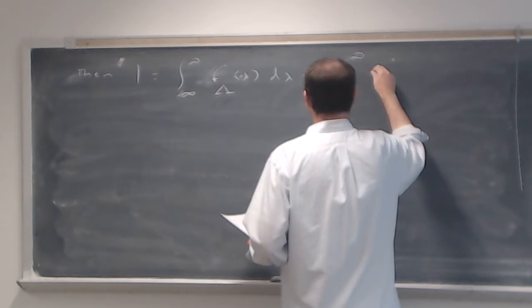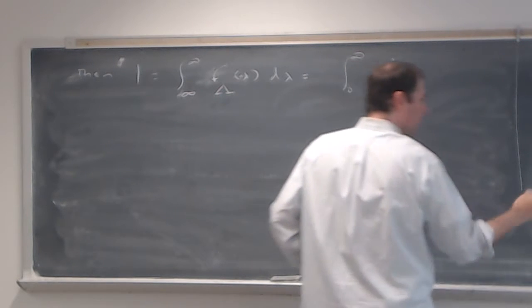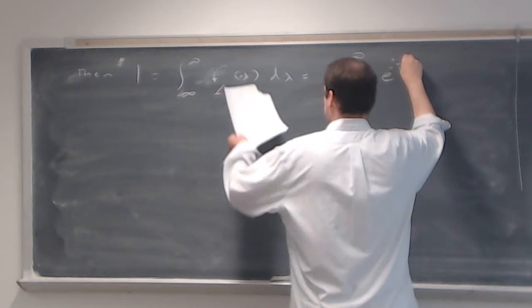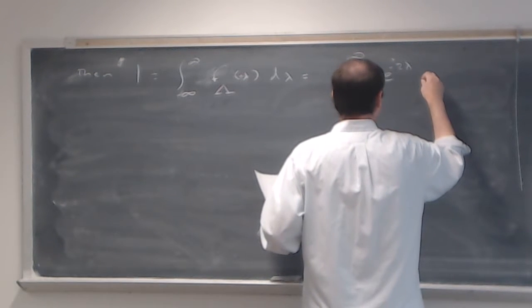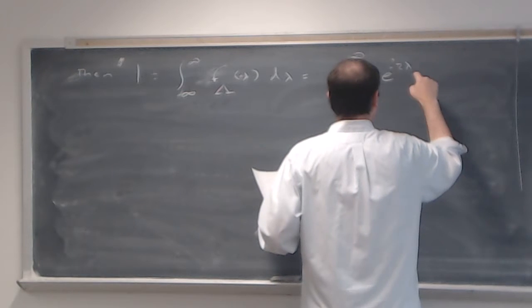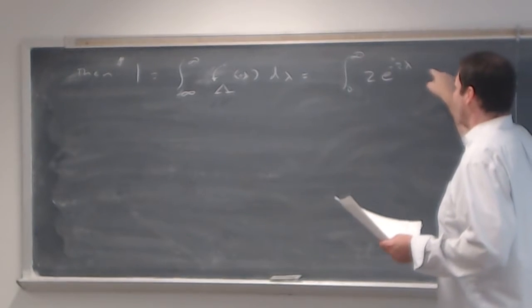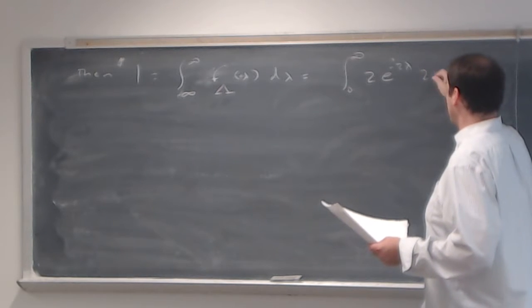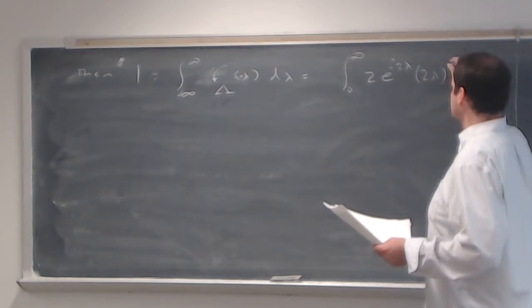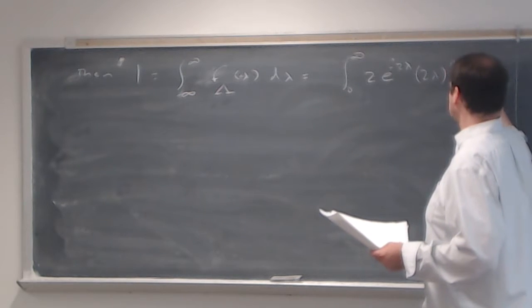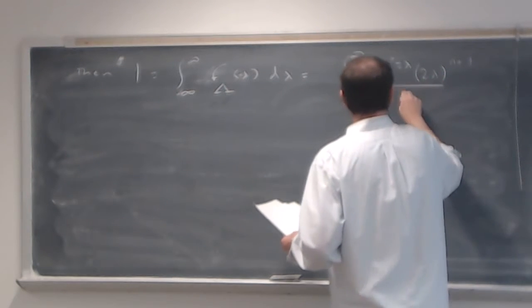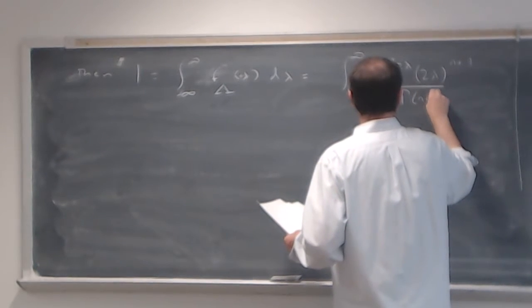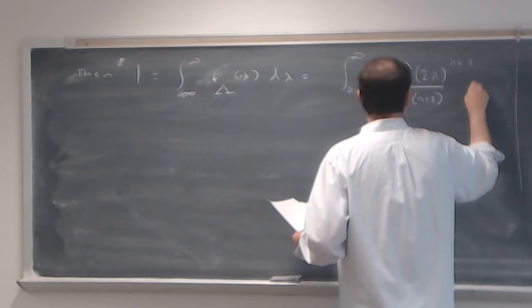Here our parameter was 2, so e to the minus 2 times the variable, which is lambda here. Then it was 2 lambda raised to the alpha minus 1, that's n plus 2 minus 1, so n plus 1, all over gamma of alpha, and here gamma of alpha is equal to gamma of n plus 2, d lambda.